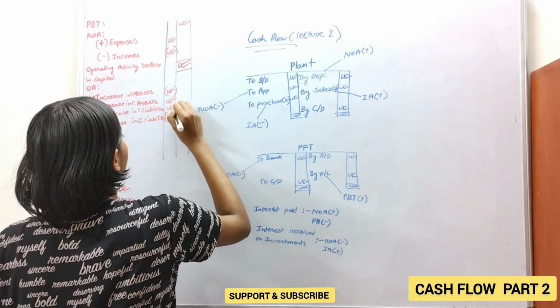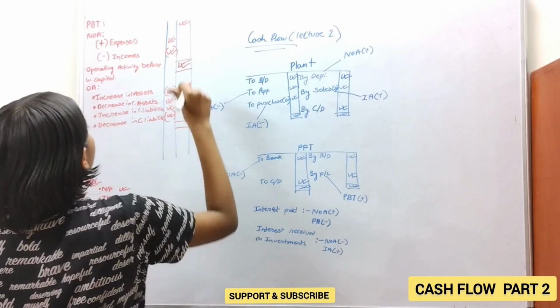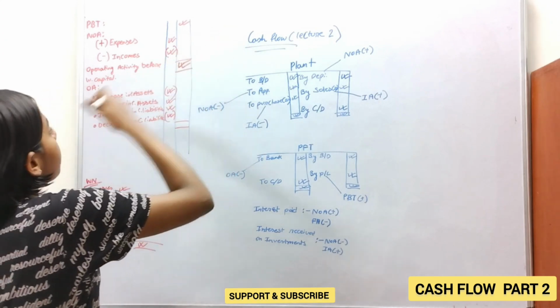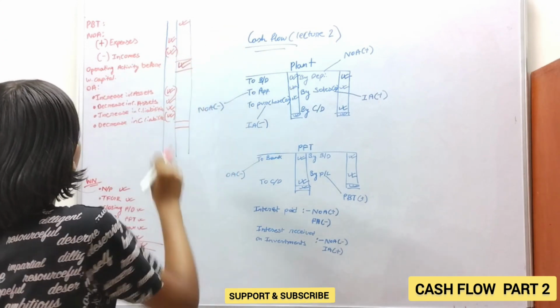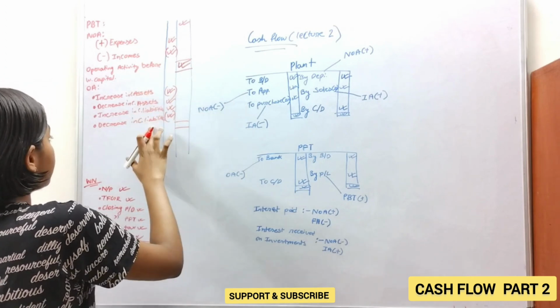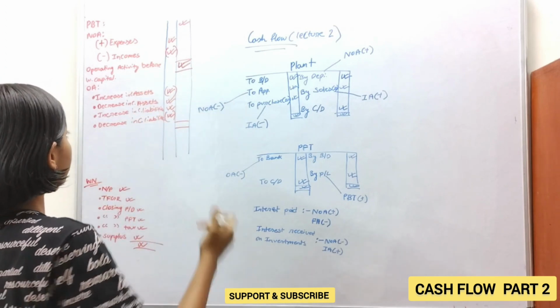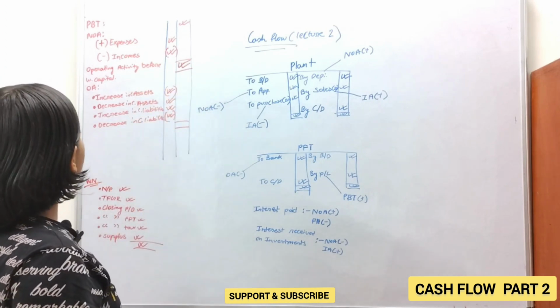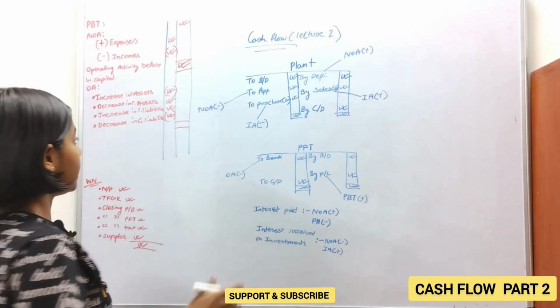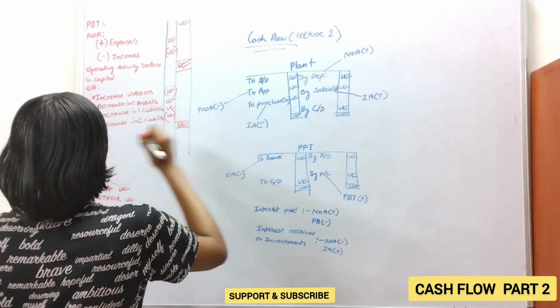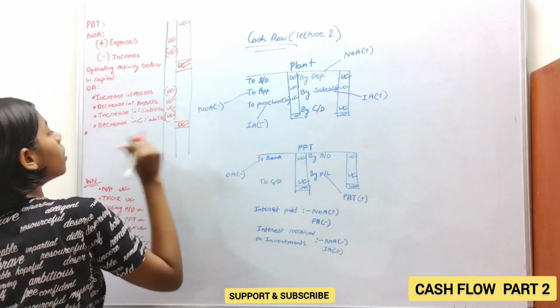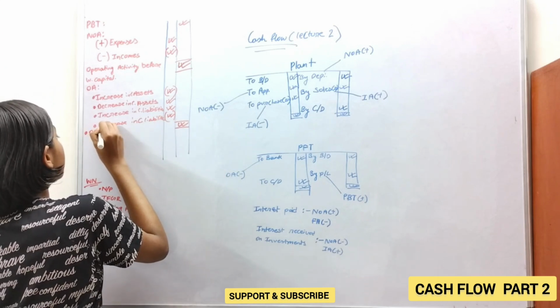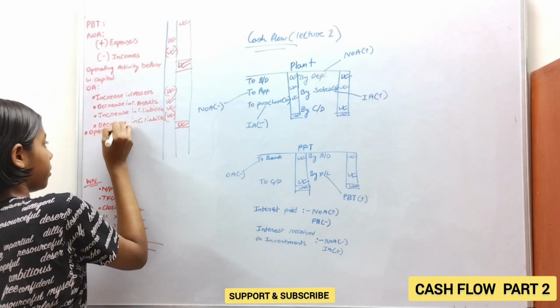And now the operating activity amount that we have got, we'll less the increase in assets amount and the decrease in current liabilities amount, and then add the decrease in assets amount and the increase in current liabilities amount. So then we'll get operating activity.